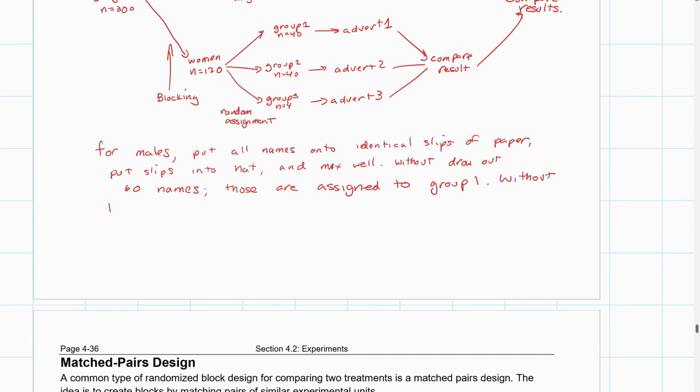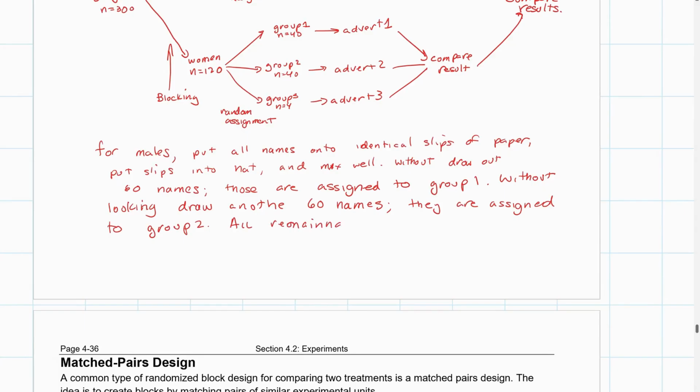Without looking, draw another 60 names. They are assigned to group two. All remaining names are in group three.